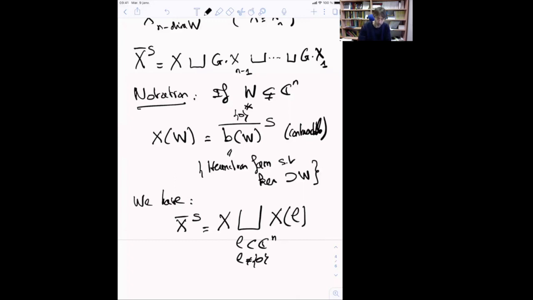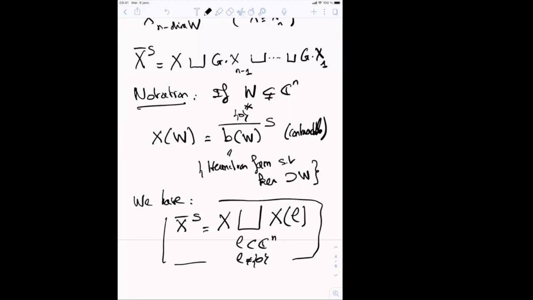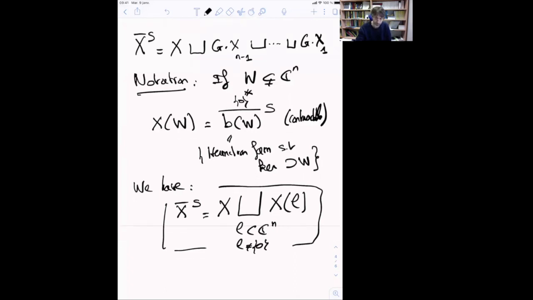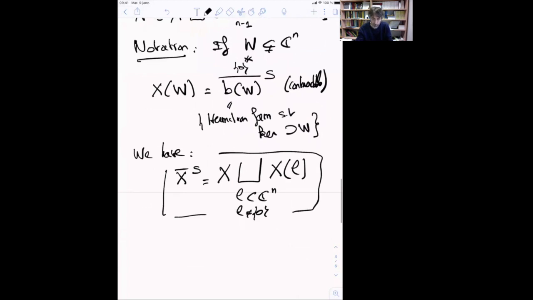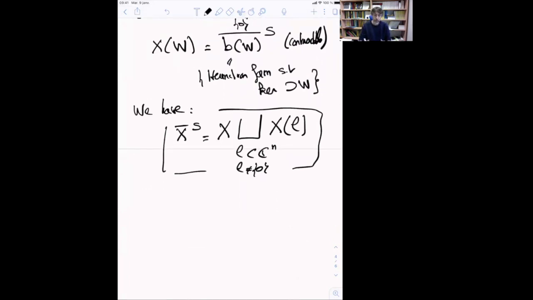Here I have only described this as a set. For today, I will be a bit sloppy. You can try to imagine the topology, but now I want to go from that to another compactification, and to do that, I will look a little bit at what happens at the boundary in the Satake compactification.